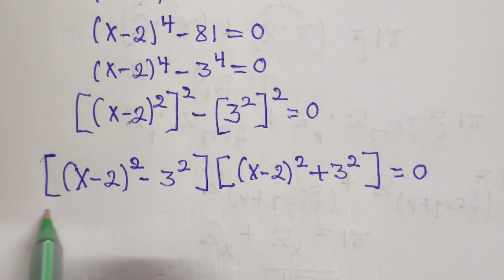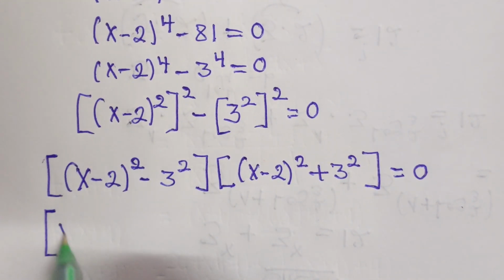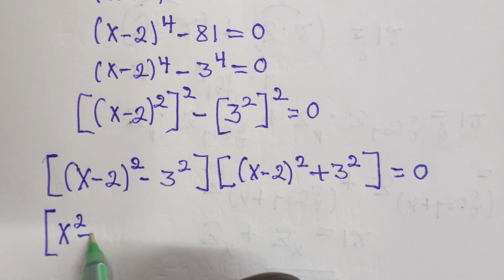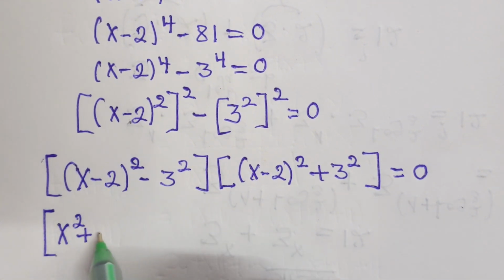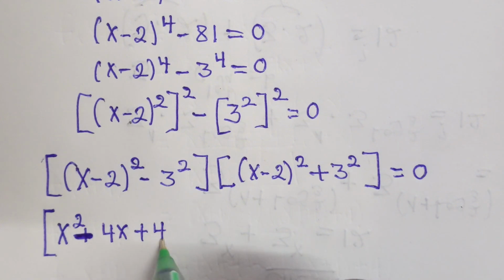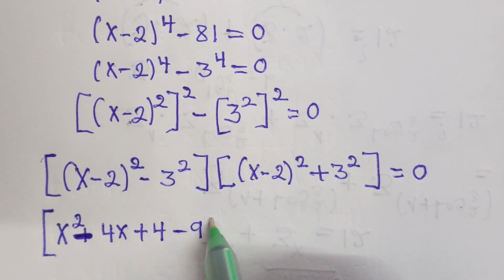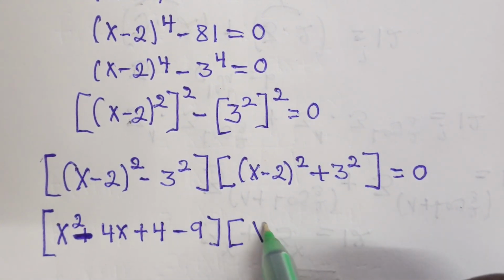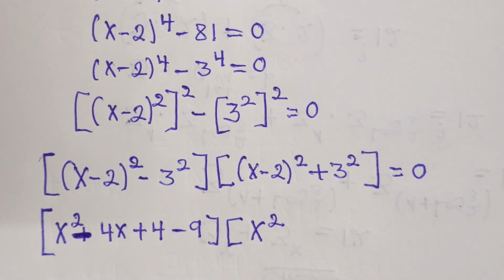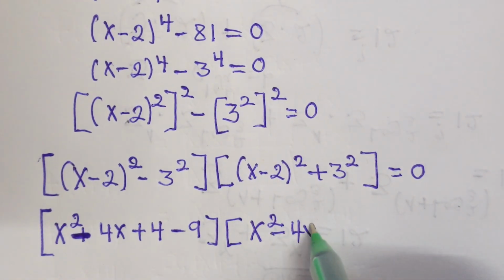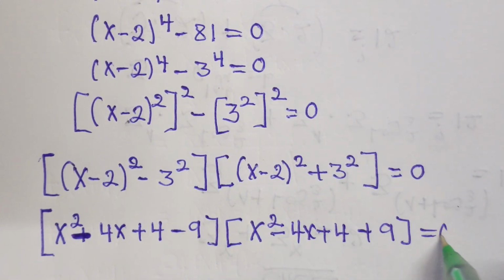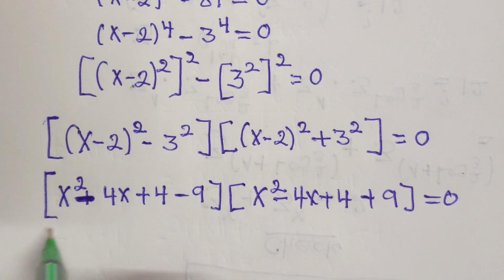Okay, so this one will provide x squared plus 2ab is equal to, sorry, this will provide minus 4x, then plus 4 minus 9, then times (x squared minus 4x plus 4 plus 9) to be equal to 0.